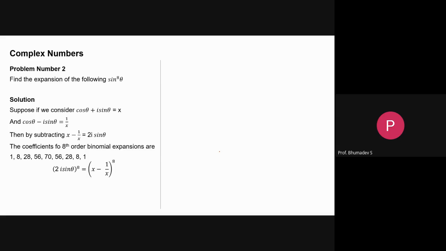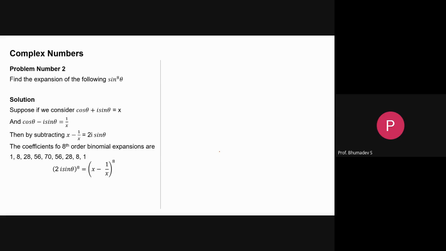Then apply the binomial expansion. Already we have the coefficients with us, but here we have x minus b. In the place of a is x, in the place of b is 1 upon x. So as we know the expansion of the binomial, alternatively plus minus sign will be coming.